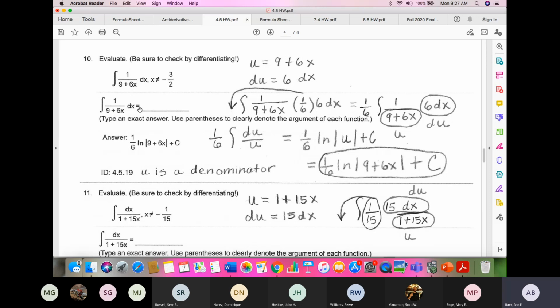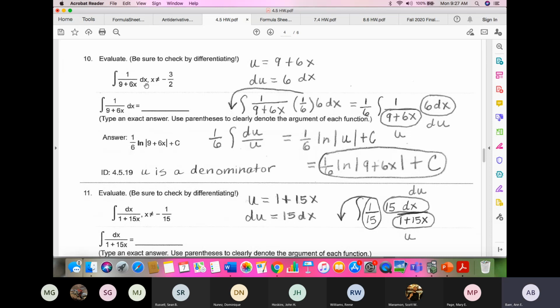I apologize for that. Let's look at our integrand, our integral here. What do we see? We see that we can take this 9 plus 6x and replace it by u.